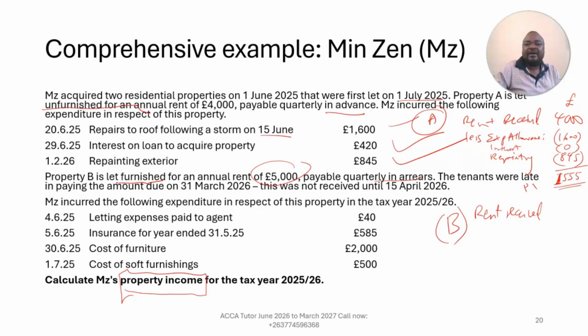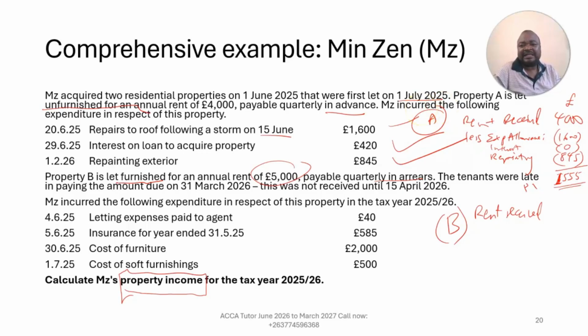All right, so if the amount due on 31 March, remember 31 March is the end of another quarter, was not paid until 15 April 2026. However, these guys started staying at this property on 1 July 2025.